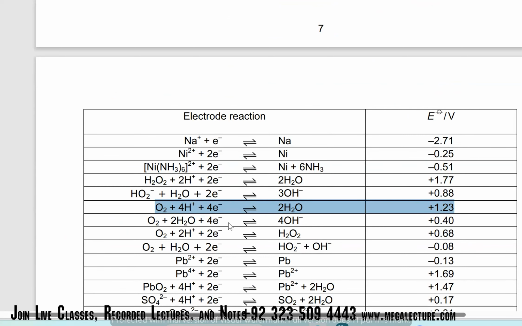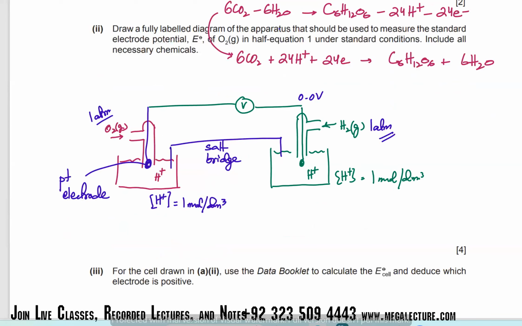And the other one, the water wala jo tha, that's 1.23 volts. So उससे E0 cell निकालो, so that's reduction minus oxidation, or higher minus lower. So the E0 cell is exactly 1.23 volts.